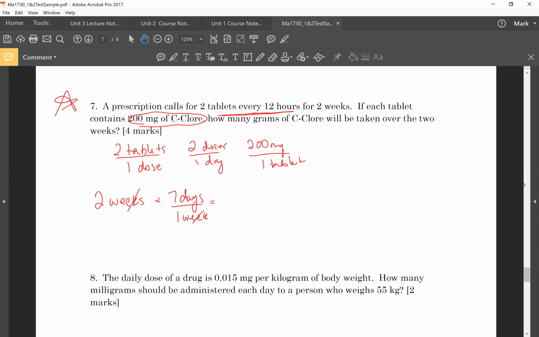So if they're taking 2 doses per day, I've now converted weeks to doses. So 2 weeks times 7 days, that's 14 days. They're taking 2 doses a day. That's 28 doses.